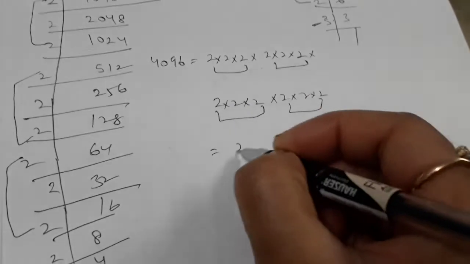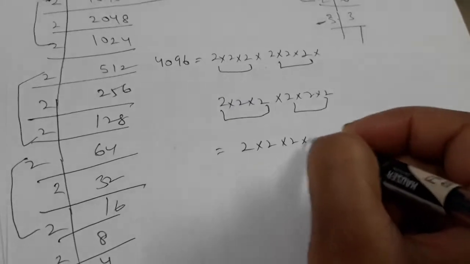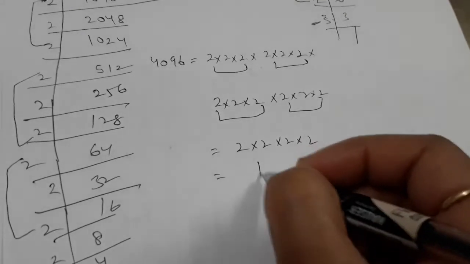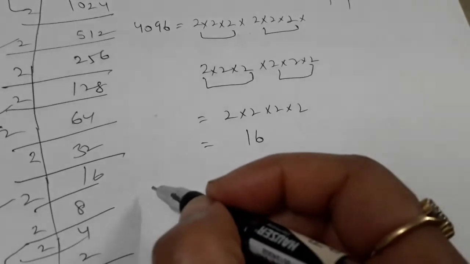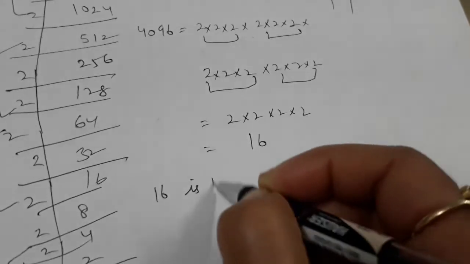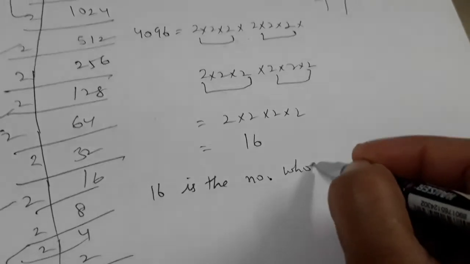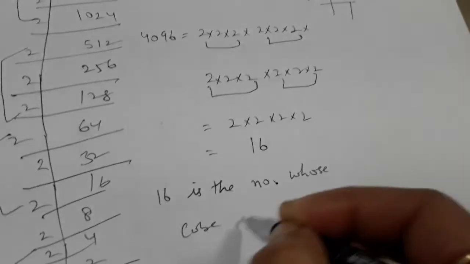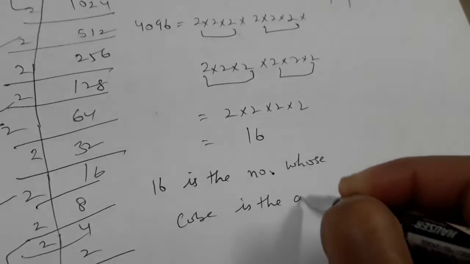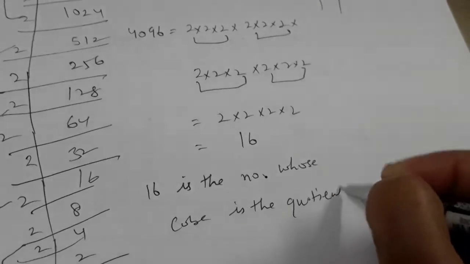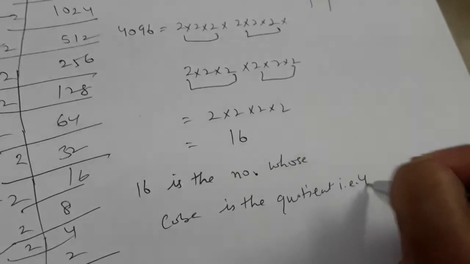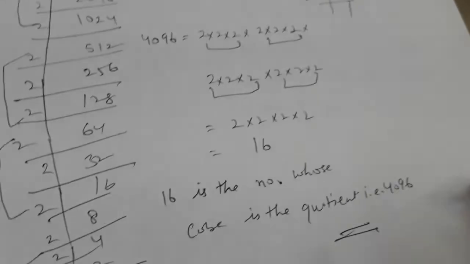So 2 into 2 into 2 into 2: 2 2s are 4, 2 4s are 8, 2 8s are 16. So 16 is the number whose cube is the quotient. The quotient is 4096. This is our answer.